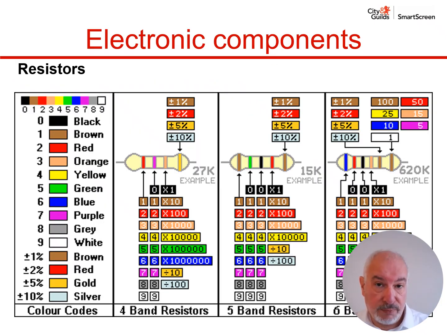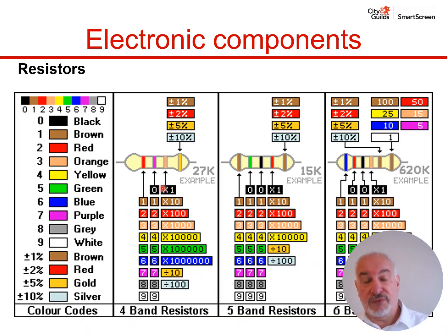And here is the table that we use to work out the actual resistance of a resistor based on this colour banding system. So first of all, on the left hand side we've got the colours and the numbers associated with each colour, and then we've got several different columns here. So we've got 4-band resistors, 5-band resistors and 6-band resistors.